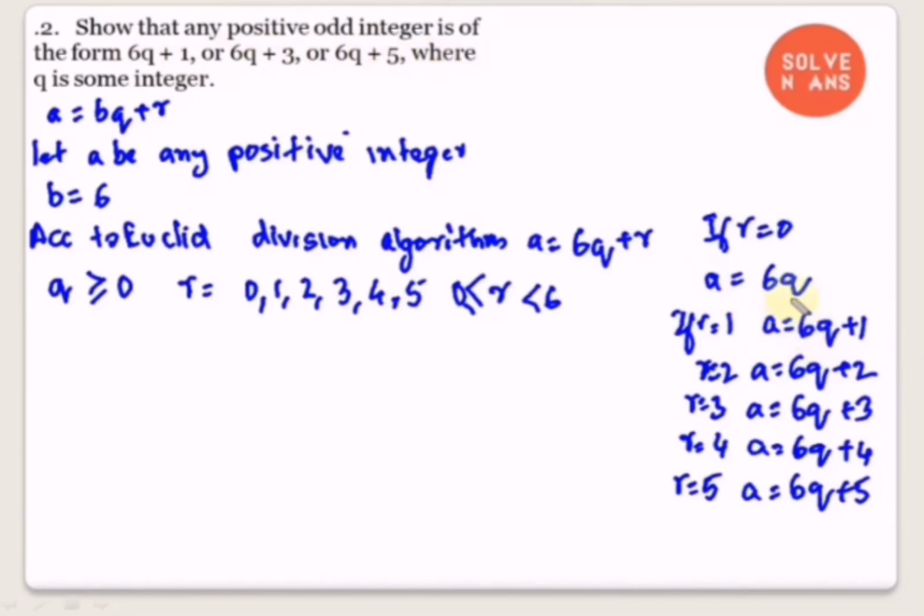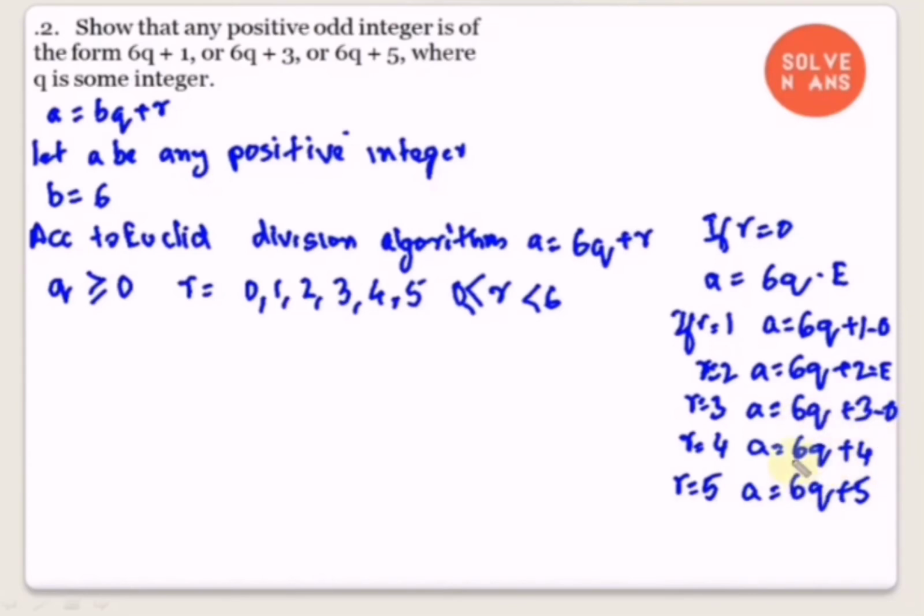This 6q, since 6 is even, becomes even. 6q plus 1: adding an even to an odd will give you odd. Again here you have 6q; 6q plus 2 is an even integer. 6q plus 3 is odd, as this is even and you are adding an even to an odd, which gives odd.